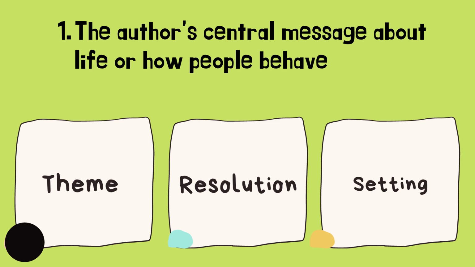So our keywords here are central message. So when we say central message, we talk about, obviously, theme. Kasi in theme, this is the central idea. This is where the story revolves. Okay? Next.